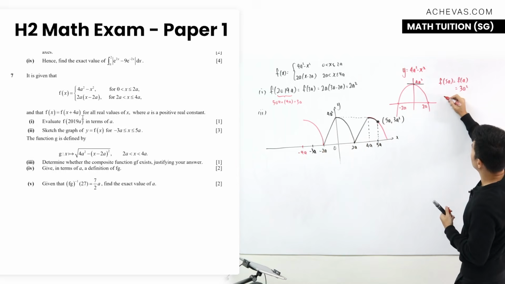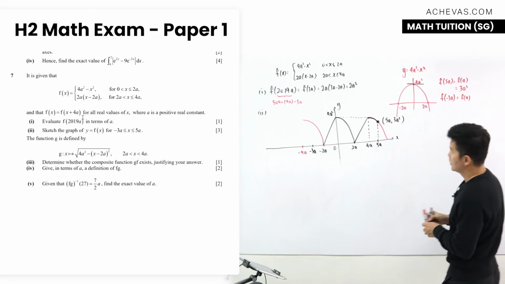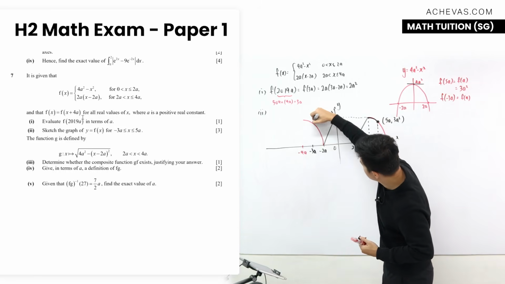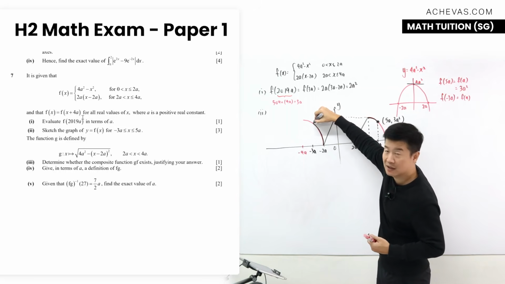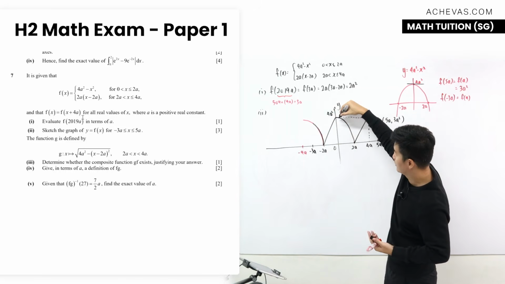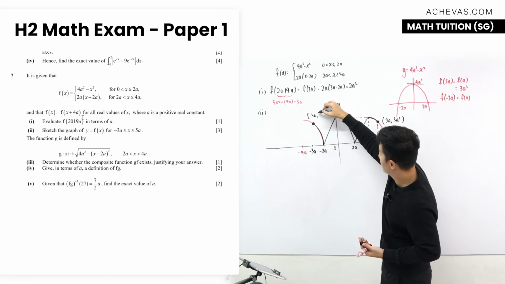So if we were to work on f(-3a + 4a) to this, it is going to be f(a), which is going to be 3a squared. So at the same horizontal level, maybe somewhere here is where my graph is going to be. And this time, the tangent here is going to be a bit sloped. Okay, not like this. So it's going to be a little bit sloping, and this is going to be minus 3a and 3a squared.